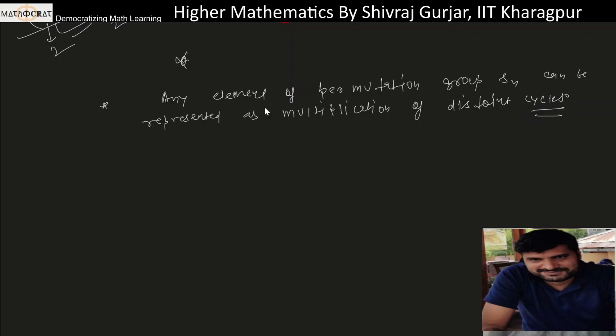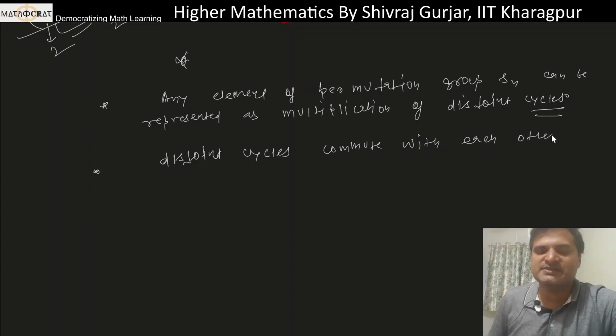Okay, I hope it is clear. This can also be proved. Okay, another thing that happens is that disjoint cycles commute with each other. Okay, so both of these things can be proved.